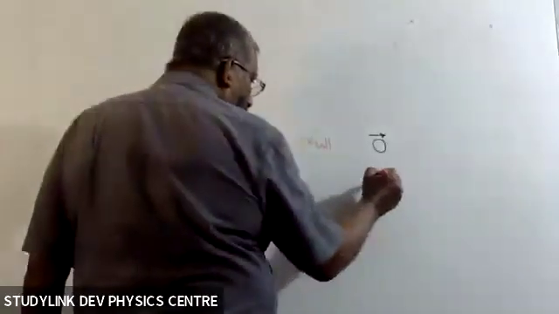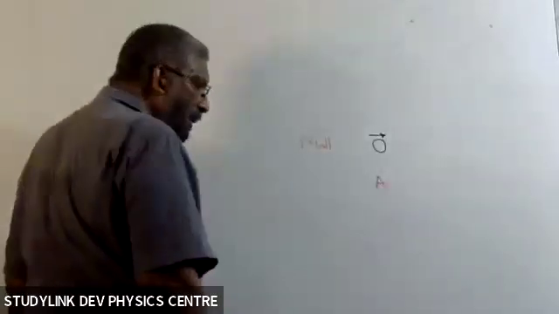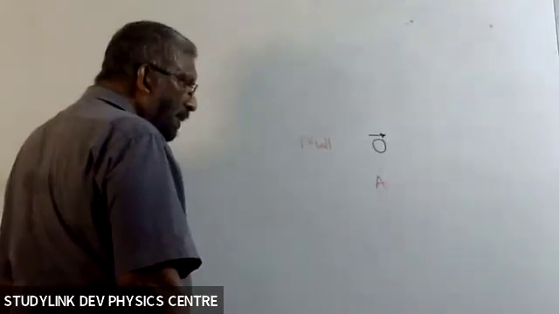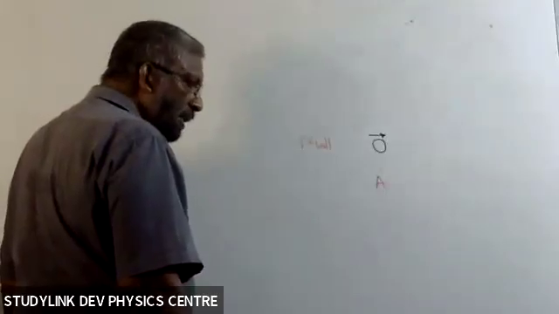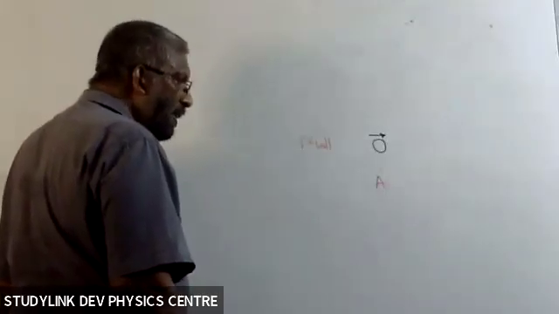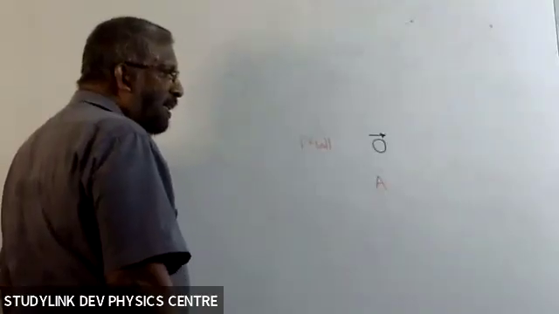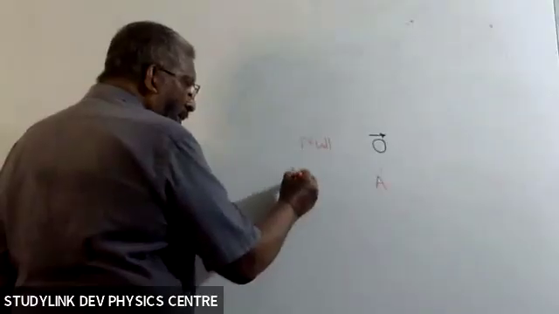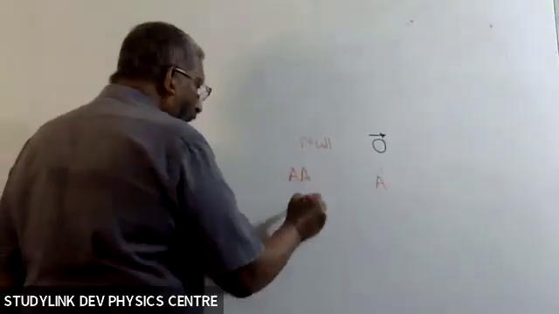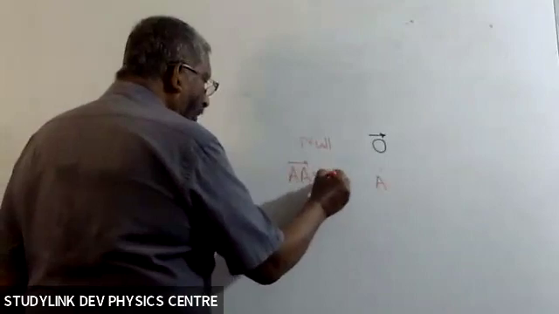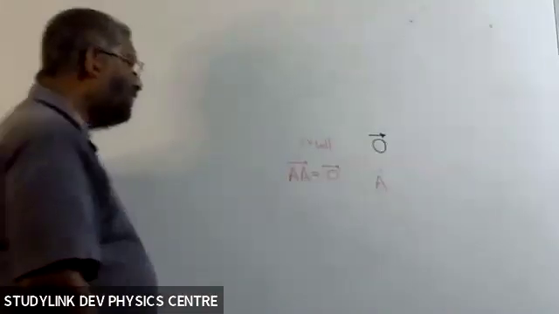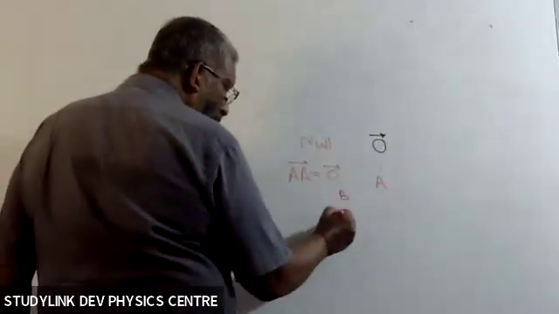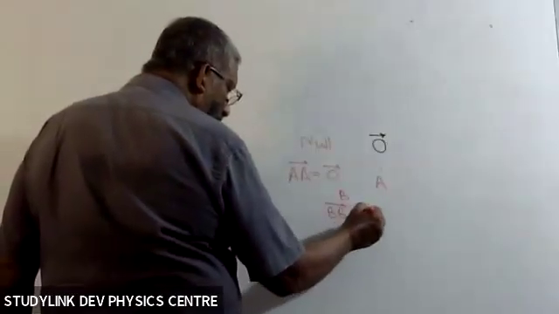Since a point is normally denoted by an English capital letter, when we write the vector, we write it as AA and it's zero. If the point is B, vector BB is zero.